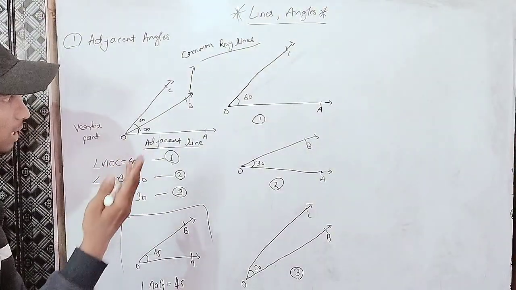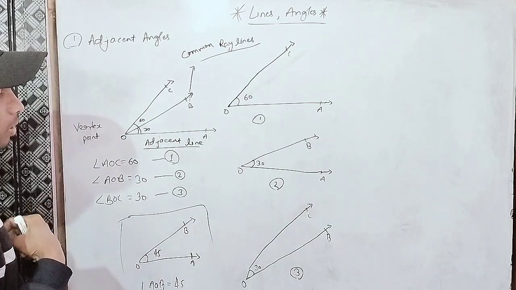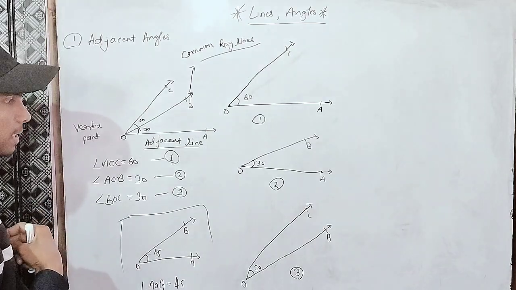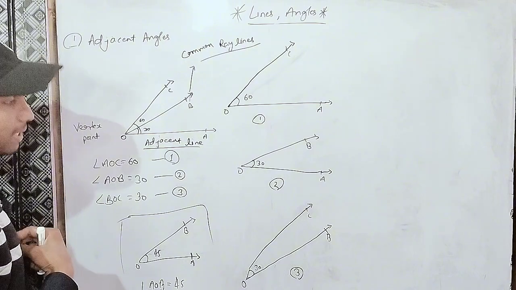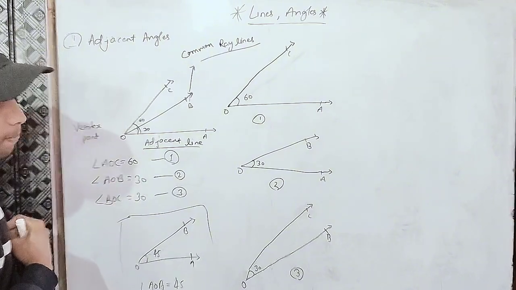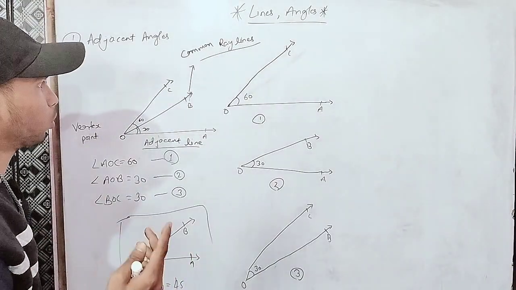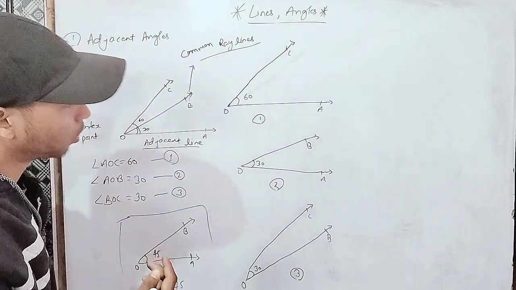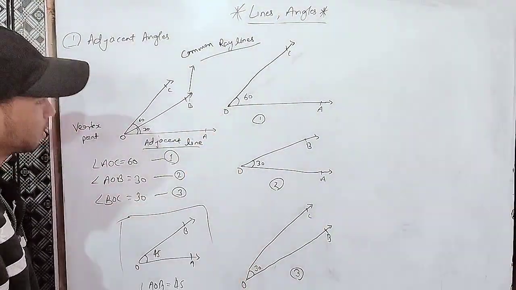When will we say that we have an adjacent angle? We will say it when we have two or more lines, then OC and OC.